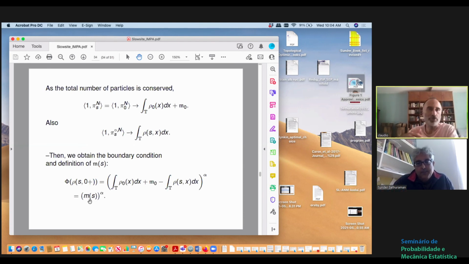Yeah, because a natural question would be to start with N to some power particles. You guess that these are uniformly distributed on the torus, and you expect that the slow sides will absorb this mass, and how this mass will be distributed among the slow sides in diffusive scaling.